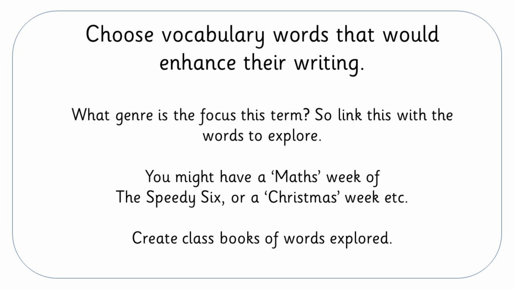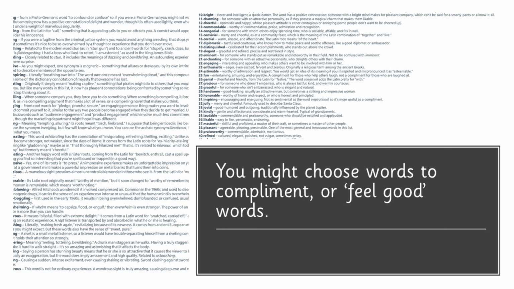What are the origins of those words? Think about etymology. Think about the morphemes. Think about the code mapping, but make it meaningful. Create class books of words you have explored. You might say, this week we're going to learn about words that we can use to complement each other, or feel-good words. So again, a class book of these words.